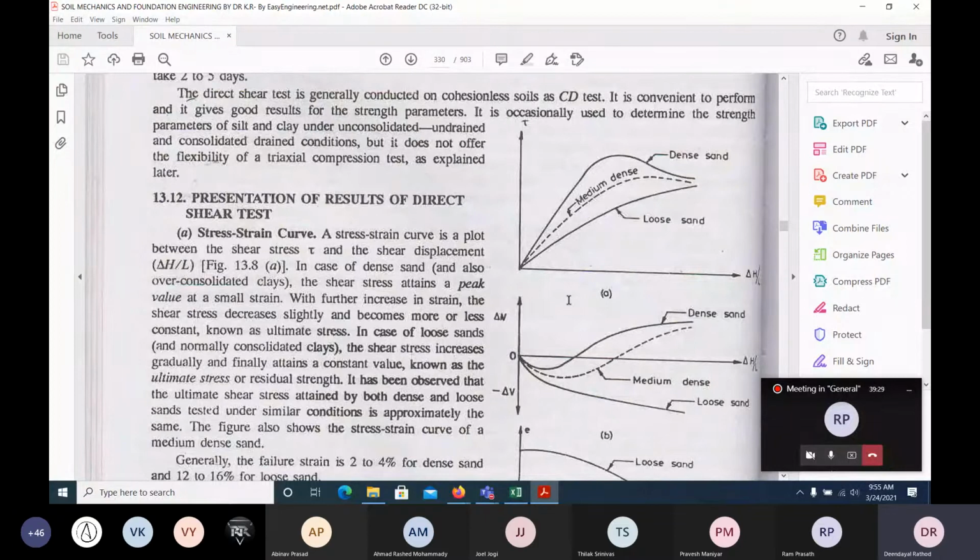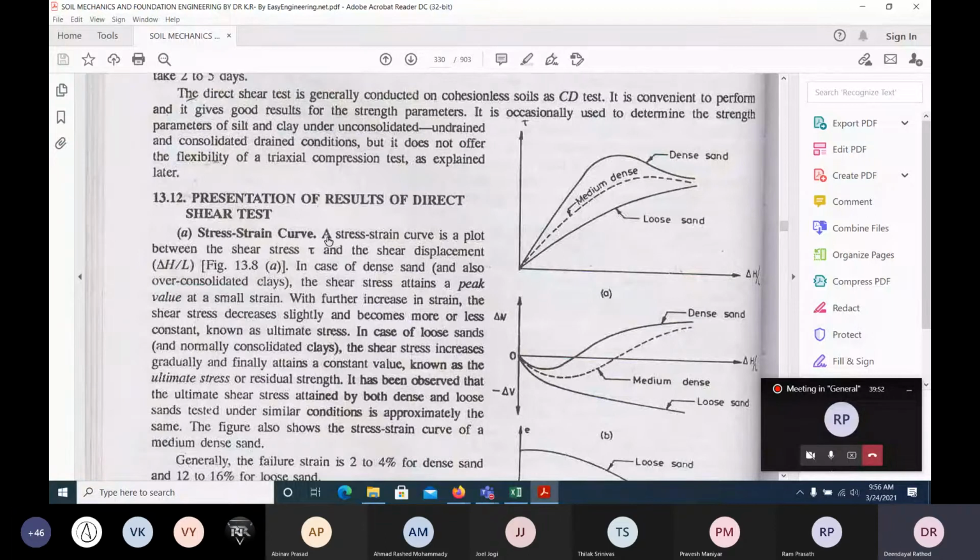Here, instead of normal stress, in figure A I will make it a stress strain curve with the shear displacement. Here shear stress, here shear displacement. Look at the stress strain curve.